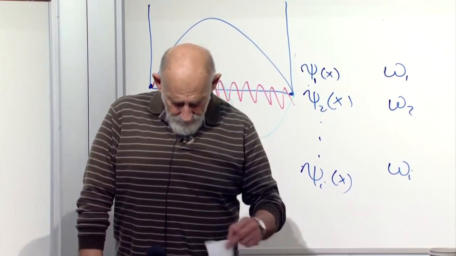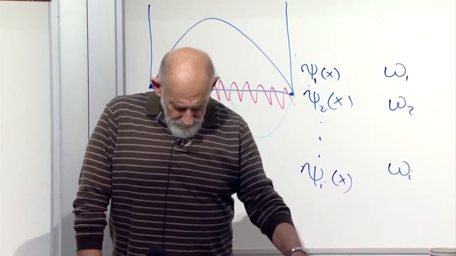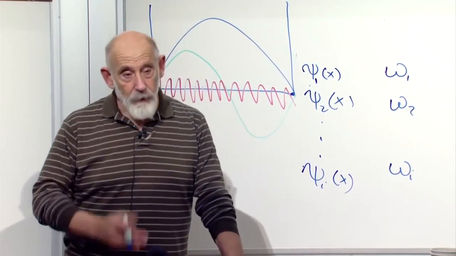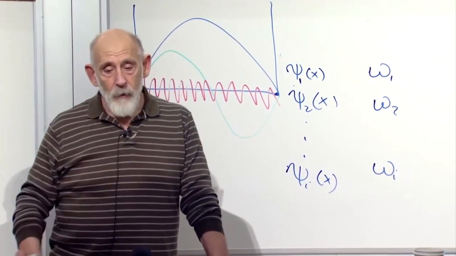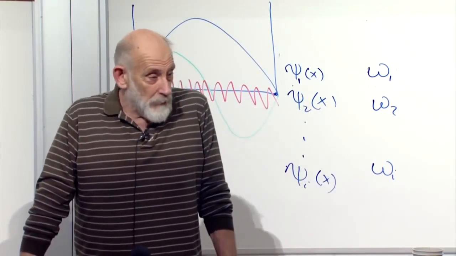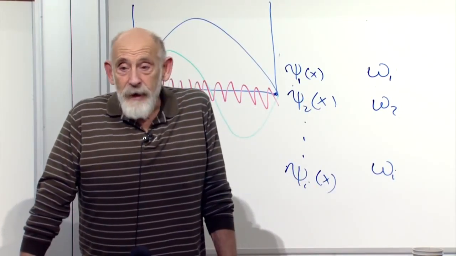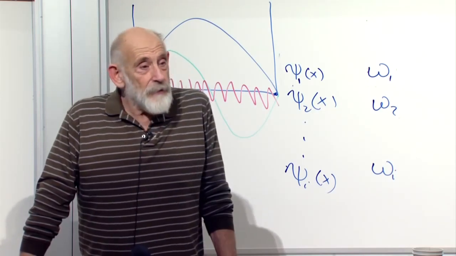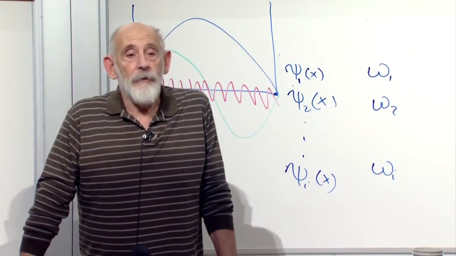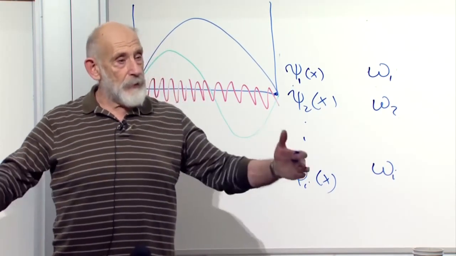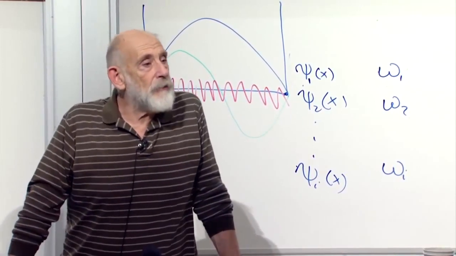Okay, so let's just think for a minute. What are we doing? We're inventing some kind of object which is a bunch of oscillators. On the other hand, the violin string is a bunch of oscillators. The violin string is a field. If you look at radiation in a cavity, radiation bouncing between mirrors, it's a bunch of oscillators.